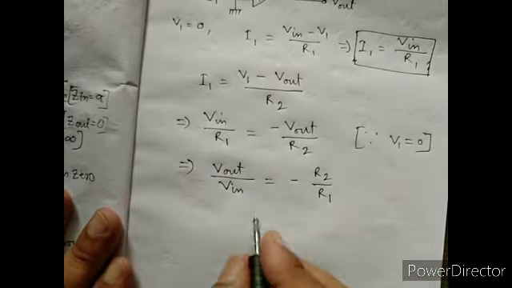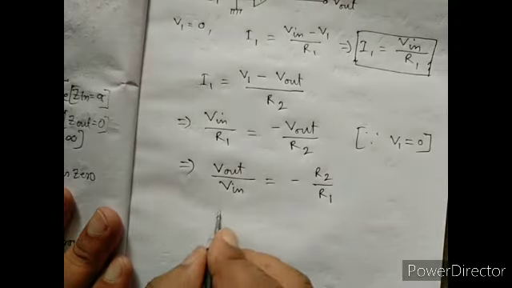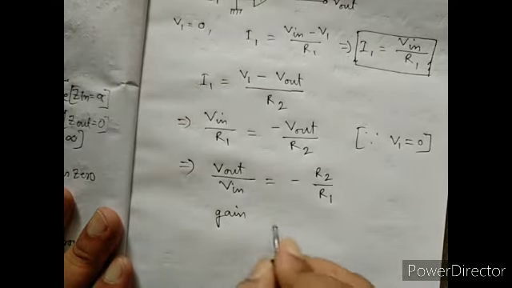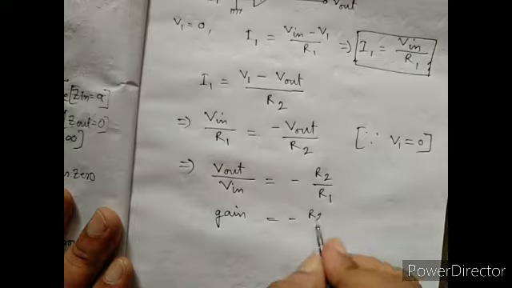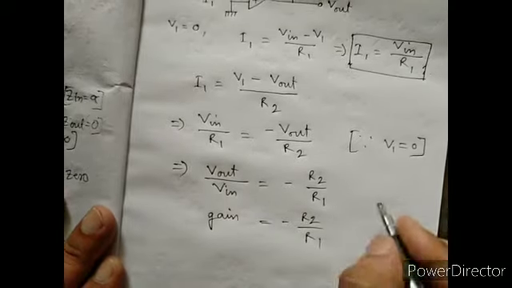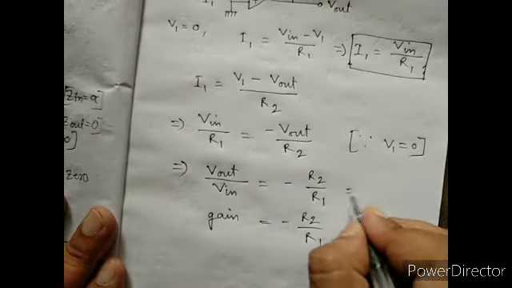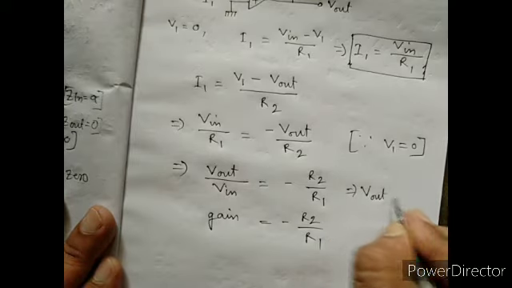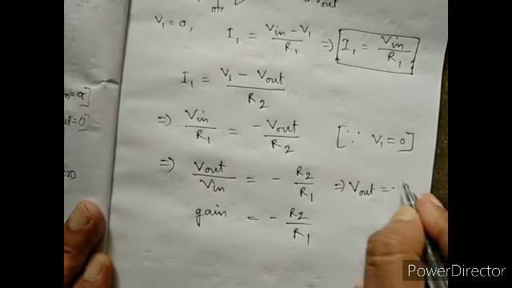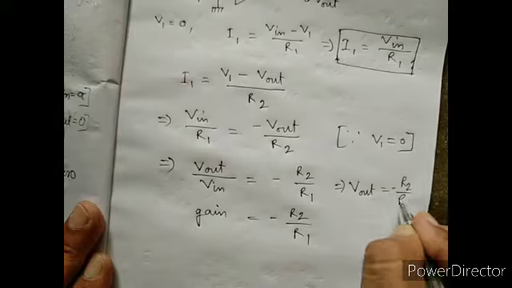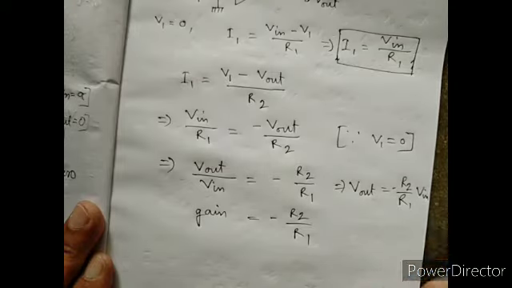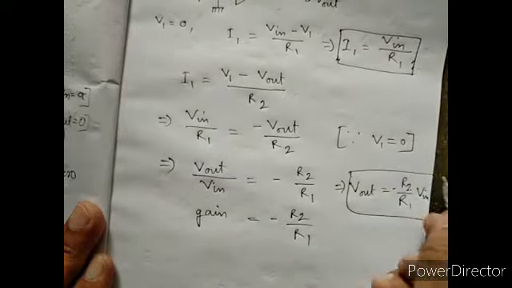So gain equals to minus R2 by R1, or we can write from here that V out equals to minus R2 by R1 into Vin. That's the final.